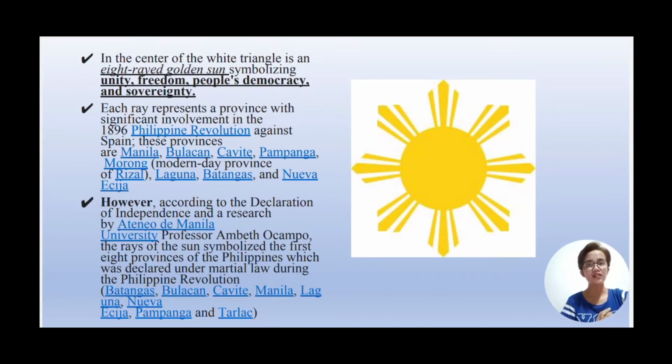So, in the center of the white triangle is an 8-rayed golden sun symbolizing unity, freedom, people's democracy, and sovereignty. Okay? And each ray represents a province with significant involvement in the 1896 Philippine Revolution against Spain.